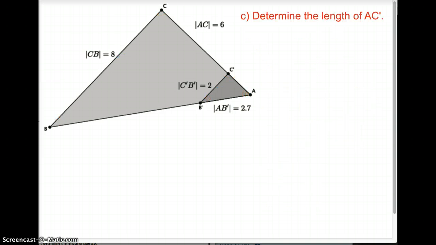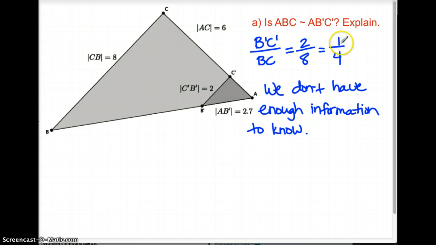Okay, part C then wants us, based on that information, knowing that they're similar, to find how long AC prime is. So that is this little chunk right here. I know that AC, this whole piece, is 6. To figure out the new length, remember we take the original times the scale factor. If you refer back to part A, we determined that our scale factor was 1/4.